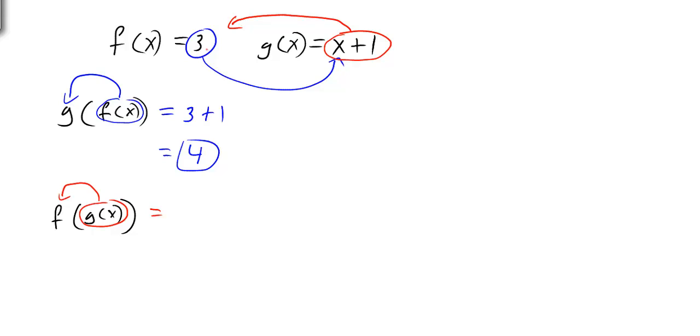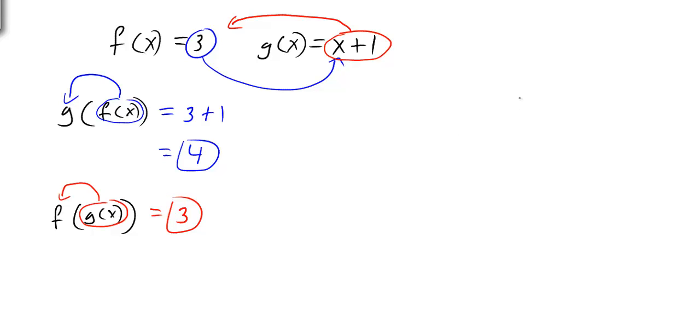Now everybody gets kind of confused here because if you notice, there's no x. We don't have an x to plug this into. Well, that's because this function is always 3. So it doesn't matter what we plug into it, this function is always 3. So the answer is simply going to be 3.